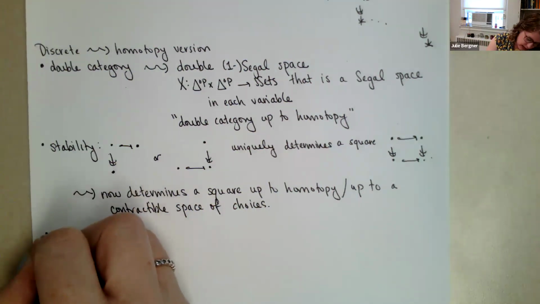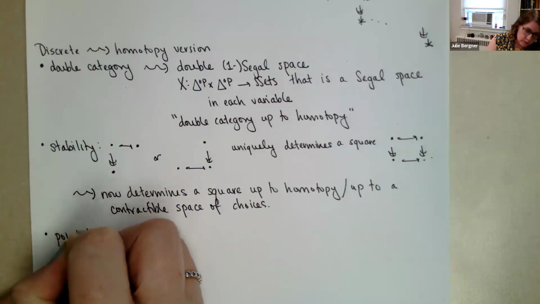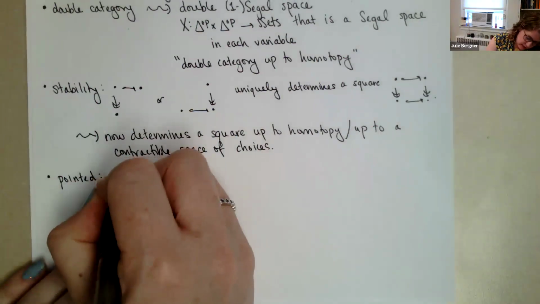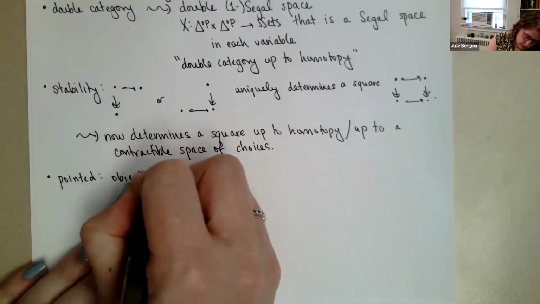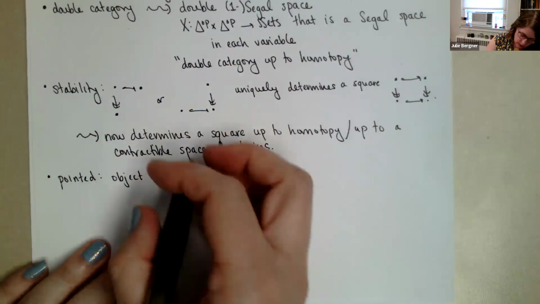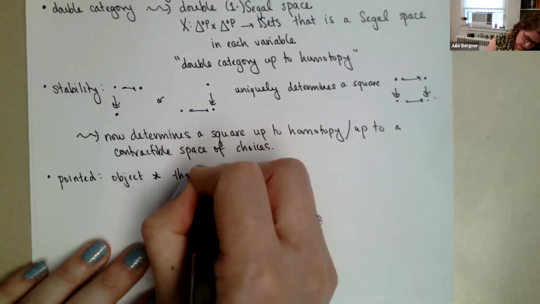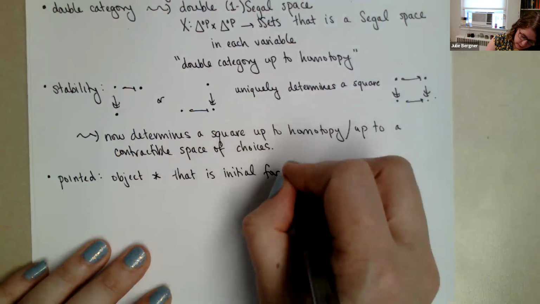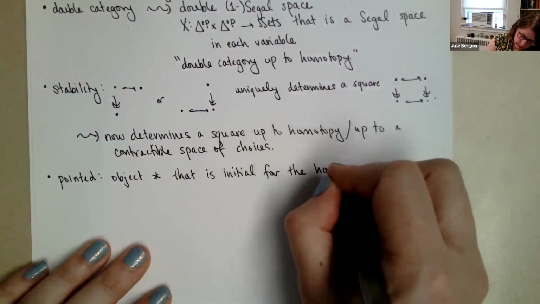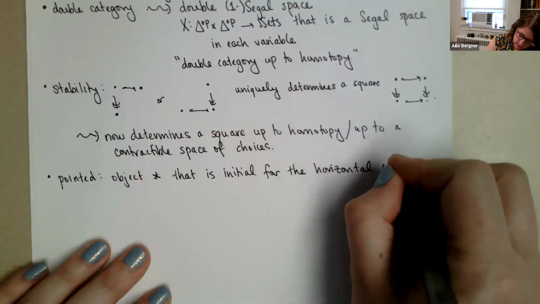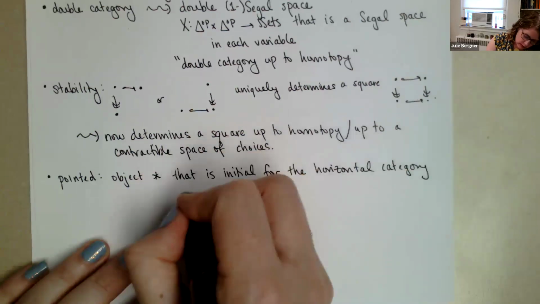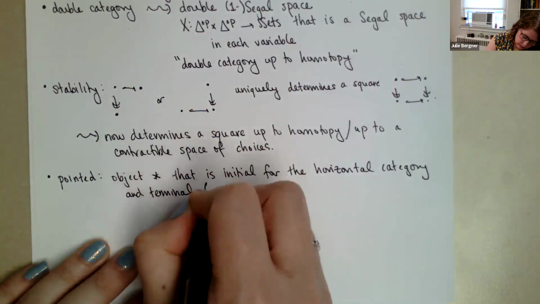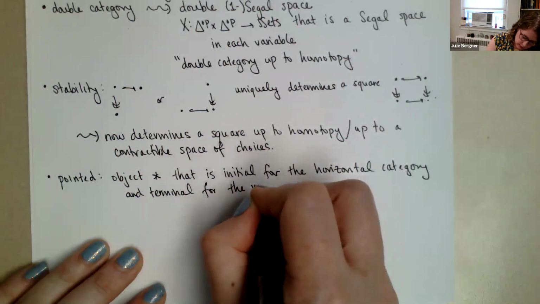And then we have something similar. So when things were pointed, that meant that we had an object star that is initial for the horizontal category and terminal for the vertical category.